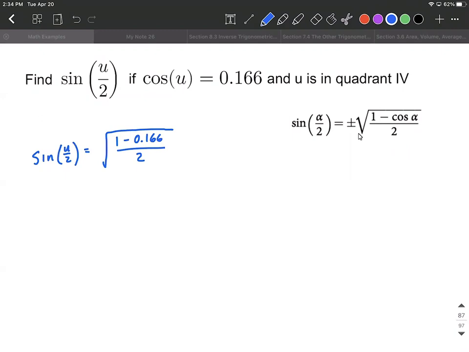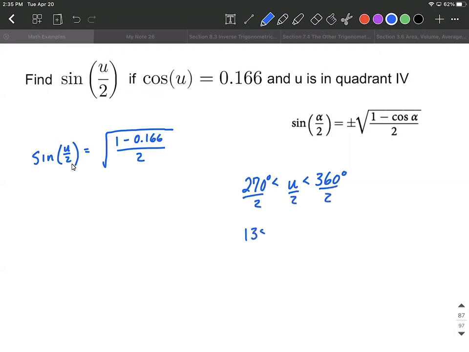Now let's discuss, should it be positive or negative out in front? Because our u is in quadrant 4, it is going to be between 270 degrees and 360 degrees. But we're not dealing with just u in this. We're trying to find sine of u over 2. So we can divide each one of these pieces by 2.